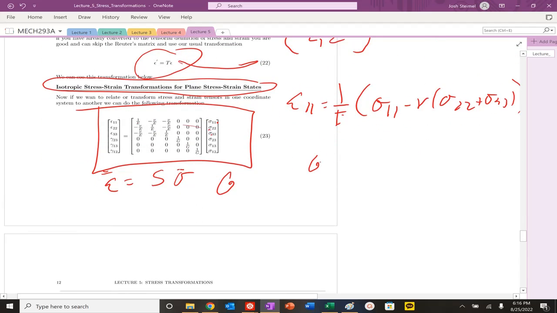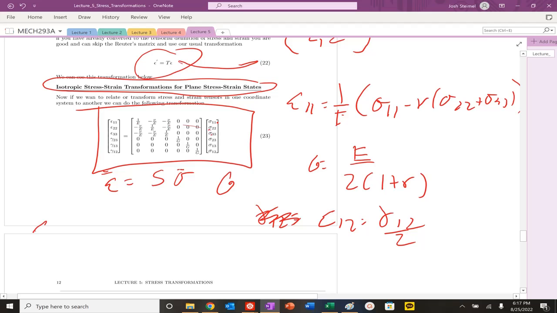So G is equal to E over 2 times 1 plus nu. We also know that epsilon 1,2 is equal to gamma 1,2 over 2, and if I write out my full form of epsilon 1,2 related to stress, it's going to be equal to 1 over E times 1 plus nu times sigma 1,2.